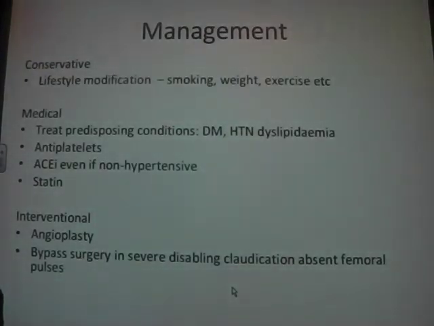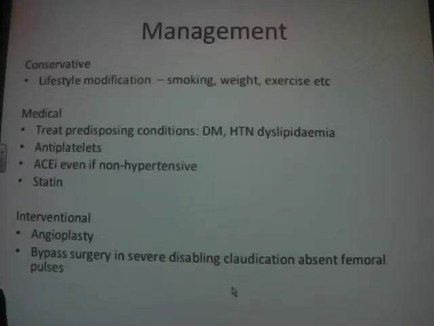So management, depending on your classification within the Fontaine, if you've just got occasional intermittent claudication, you try and reduce their smoking, reduce their weight, get them to exercise more. Sometimes they'll have these monitored exercise programs, so it can improve outcomes. If you're trying to perfuse your muscles more with more exercise, you can get a degree of improvement in the claudication distance.